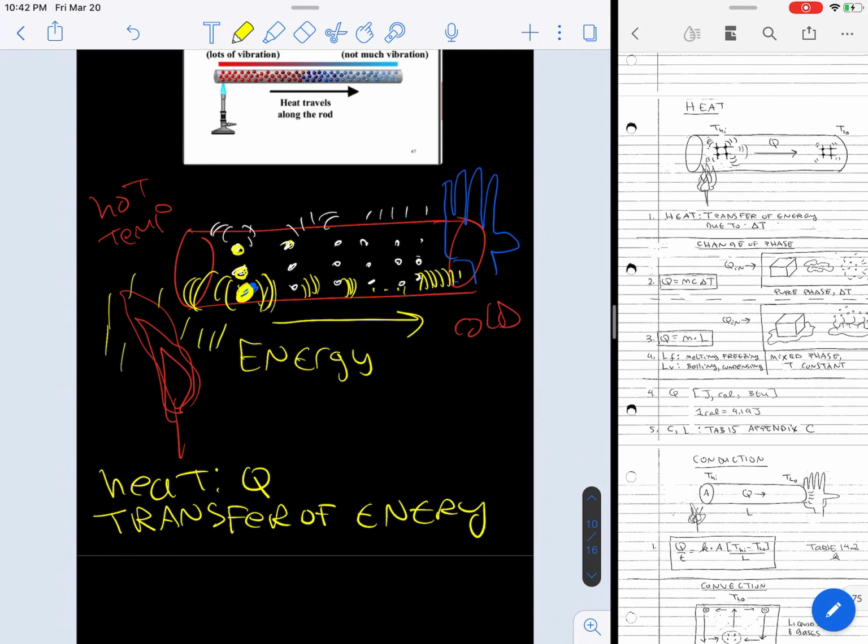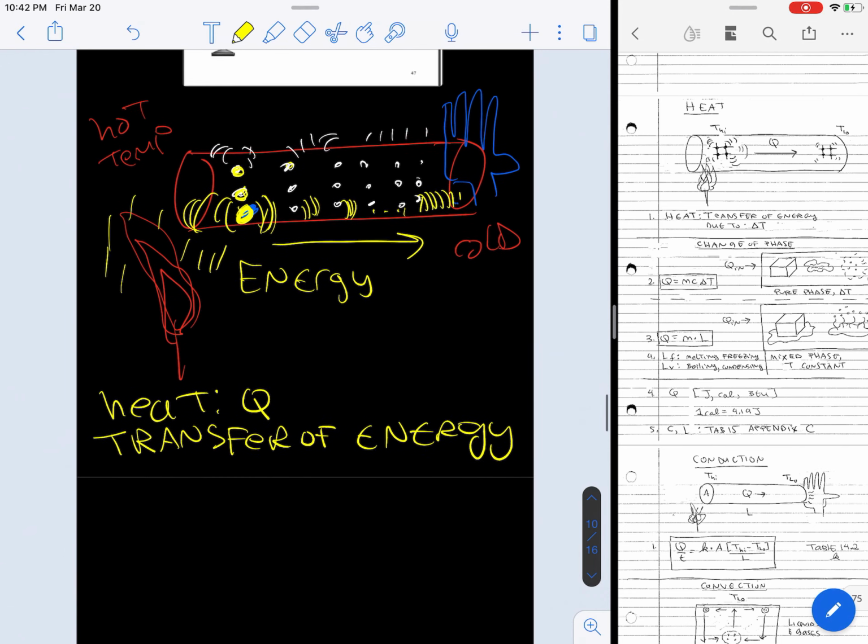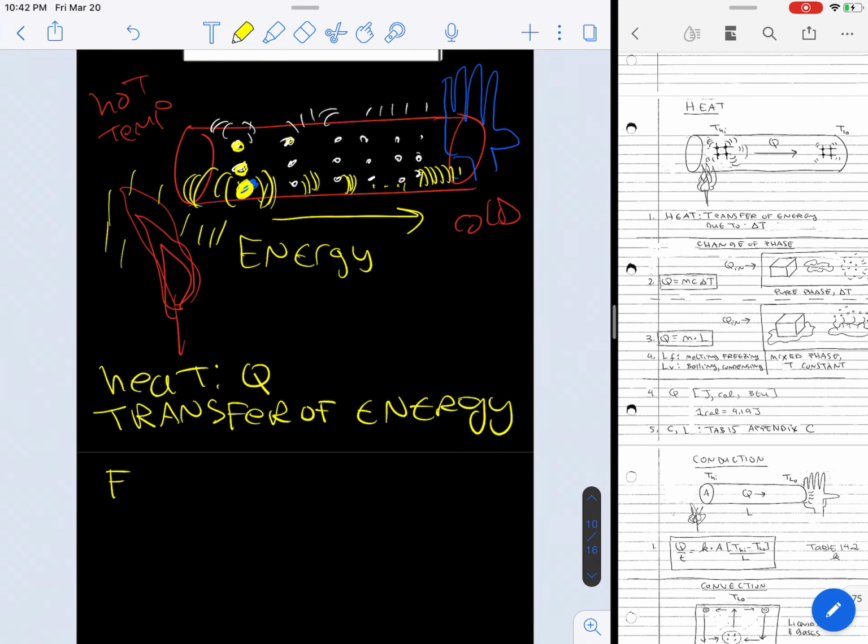But there's one more important part to that: from a hot region to a cold region. From hot to cold. So heat only travels from hot to cold. Spontaneously, it only goes from the hot region to the cold region.